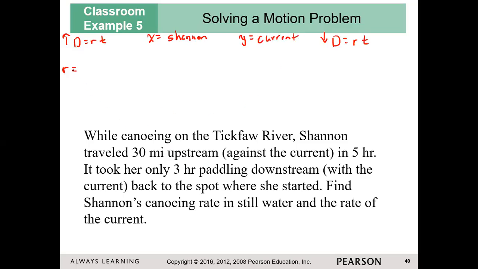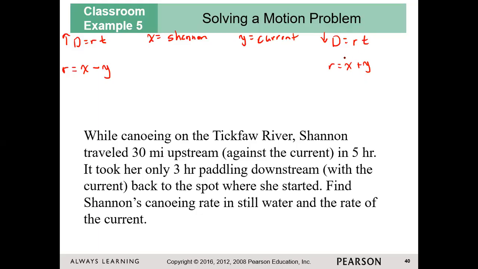So going upstream, Shannon is paddling at X miles per hour, and she is being slowed down by some rate of the current. Versus when she's going down the stream and the current is helping her go faster, her rate is her same paddling speed, plus however fast the current is helping her go down the stream.